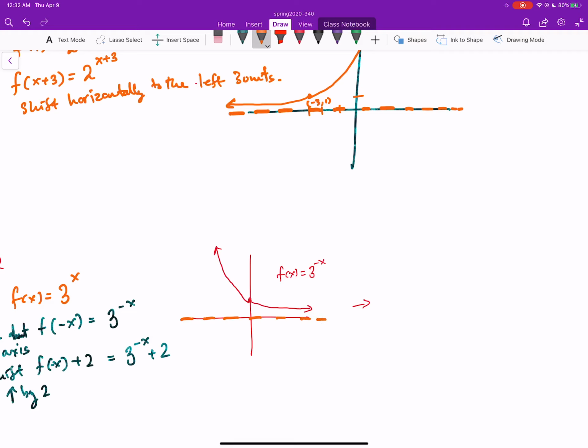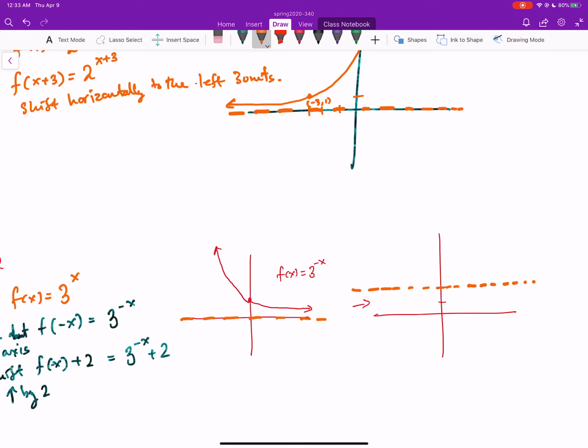It says that I'm supposed to raise this graph by 2. So the first thing that changes is that the horizontal asymptote is going to move up 2 places. So I'm going to go 1, 2, and now I have my horizontal asymptote right here.